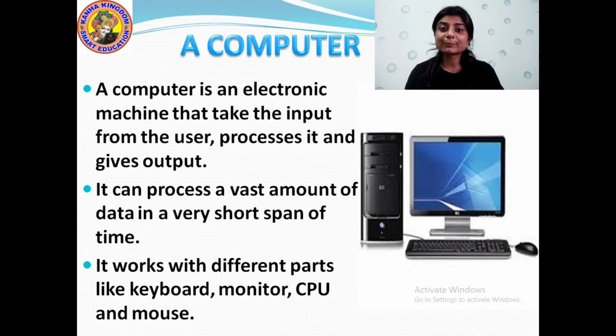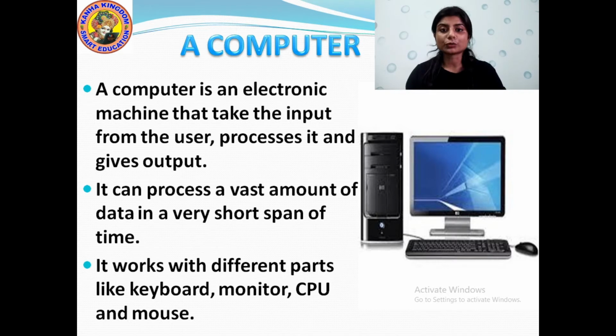Monitor, which displays what we are typing in the computer. CPU, Central Processing Unit, which is called the brain of the computer. Central Processing Unit means whatever instructions we provide to the computer, everything is processed under CPU. And that is why CPU is called the brain of the computer.